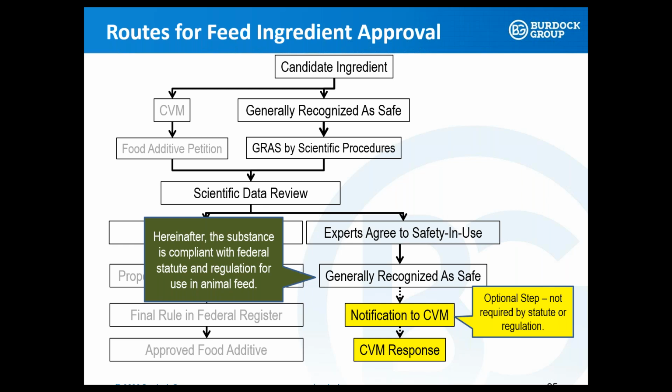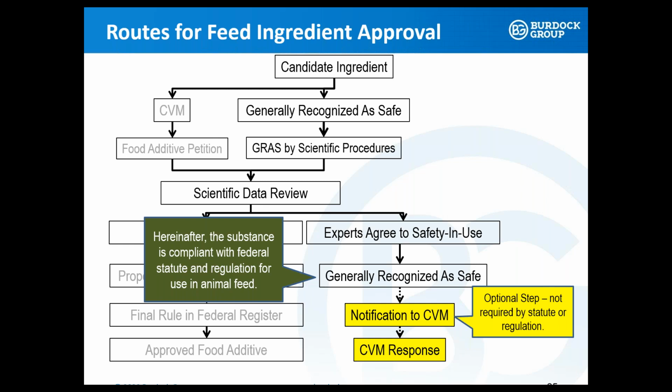And I guess we can talk about that, but it's rarely used nowadays. But it's very similar in how it's structured. You have to make sure you have adequate scientific data. CVM insists that you need to have the same quality and quantity of data for FAP and GRAS. However, the biggest difference, if you keep working your way down after scientific data review, is that this is reviewed by experts.